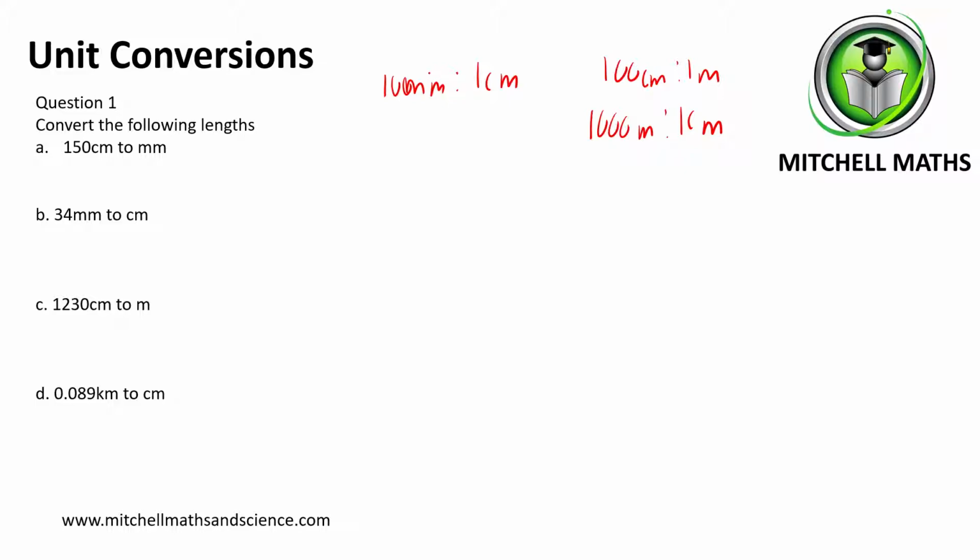And if we want to go up from millimetres to centimetres, you need to divide by 10. If you want to go the other way, because millimetres is a smaller unit, you need to times by 10. And it's the same with the others as well. If you want to go up to a larger unit, you're going to need to divide. If you want to go to a smaller unit, you're going to need to multiply.